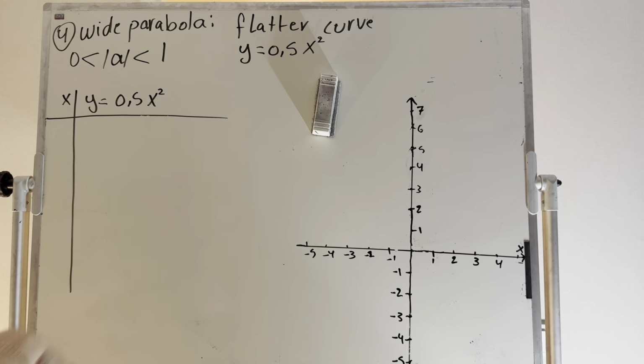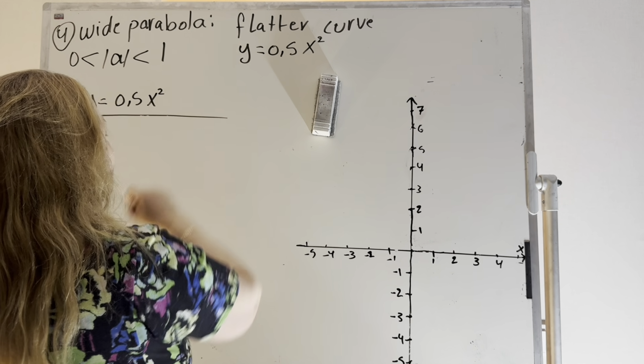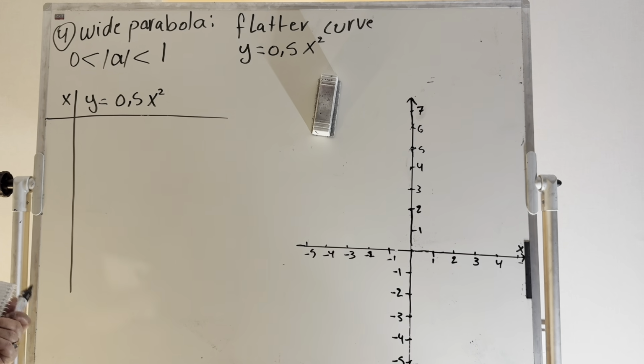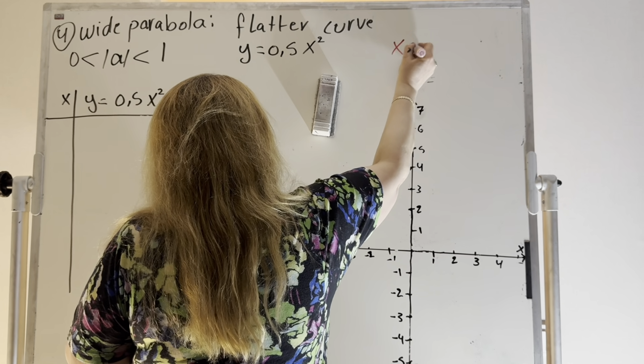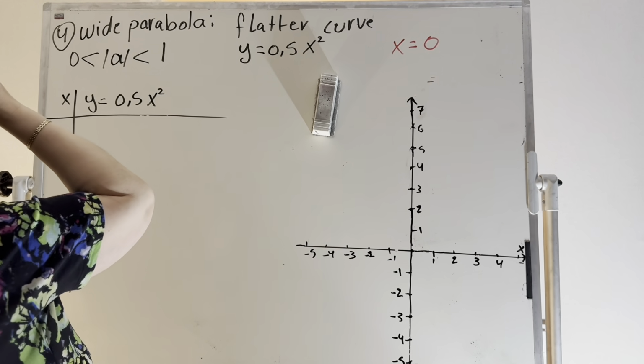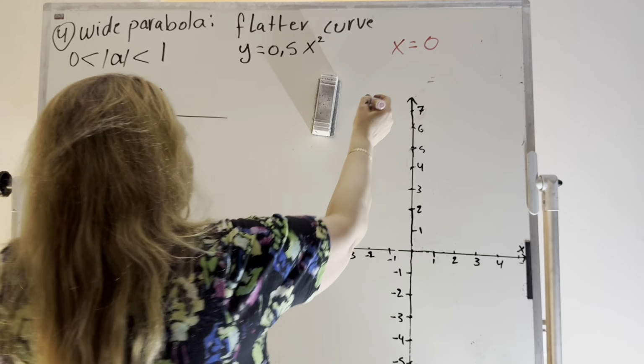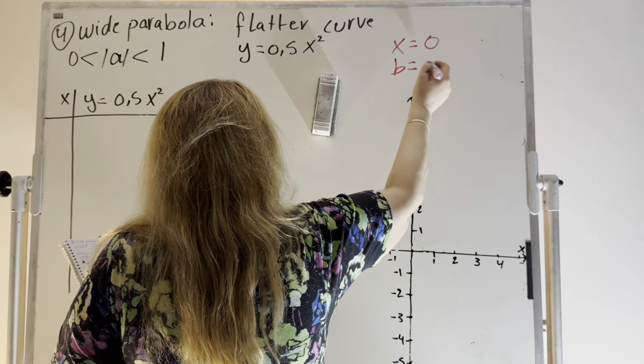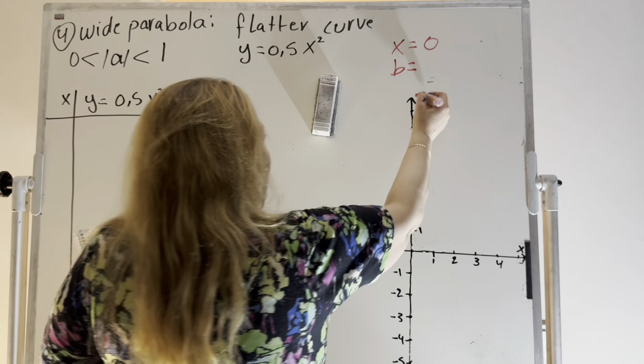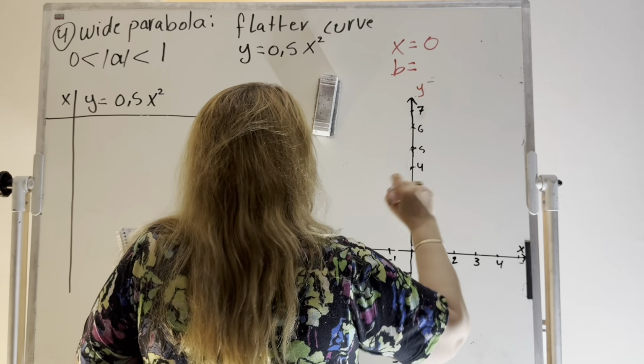When we look at this equation, y equals half x squared, 0.5 x squared, here also the zero is x equals 0, and the symmetry line also lies on the y-axis.